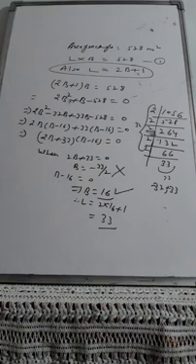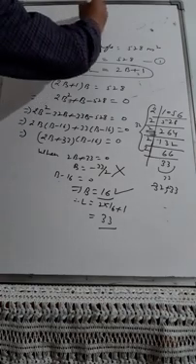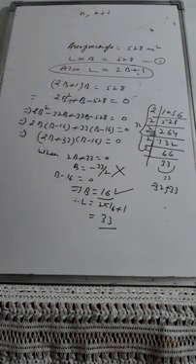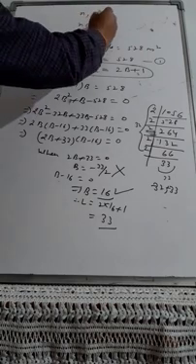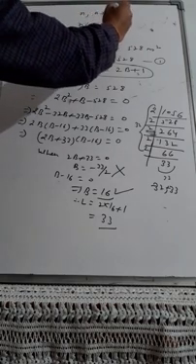The second part is based upon consecutive positive integers. If the first integer you take is x, the second will be x plus 1. It is given that the product of the consecutive integers, x into (x plus 1), is equal to 306.